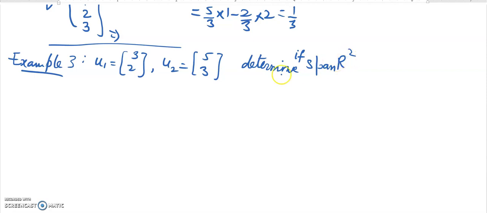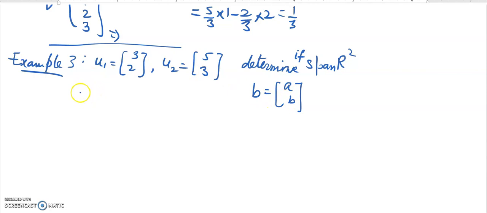So if it is R2, that means it will be a vector b which may consist of two elements, (a, b), where a and b can be any element. So in this way, we have to prove that these two vectors span (a, b).